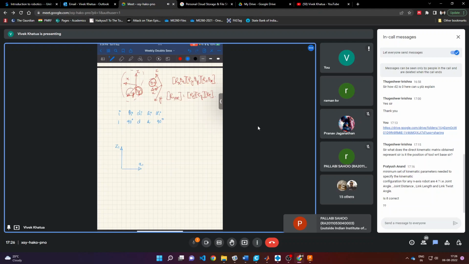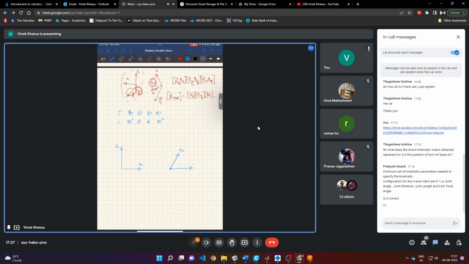X1. Now you are telling me that I am doing a 90-degree rotation about theta. So my X2 will be like this. About X2, I have done another positive 90, right? Z2 is here.